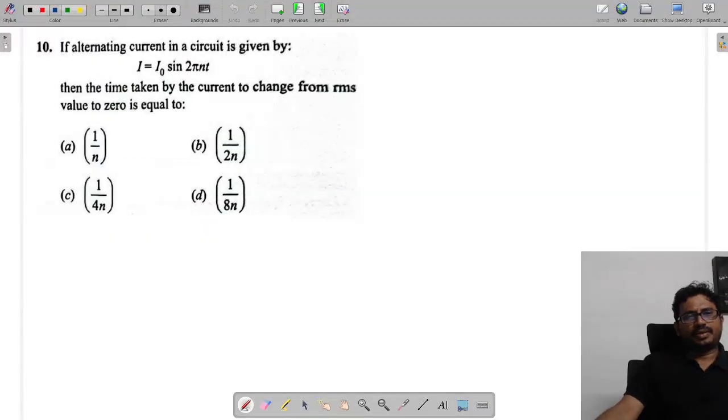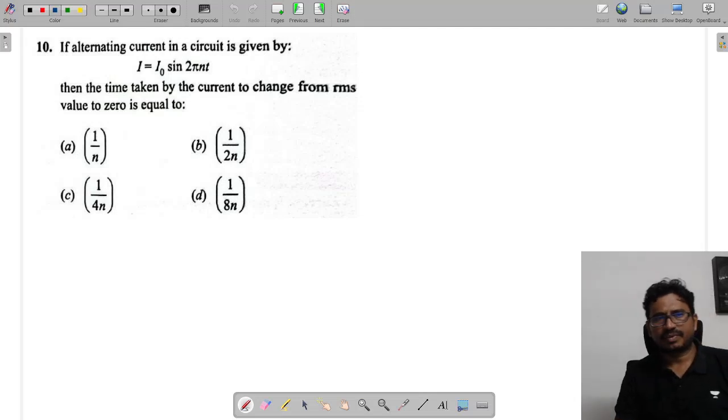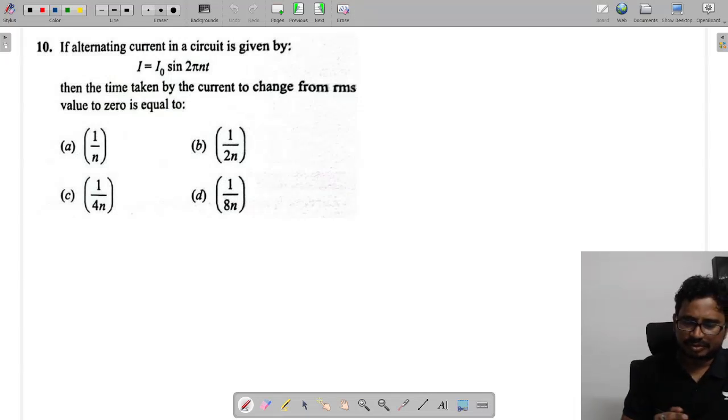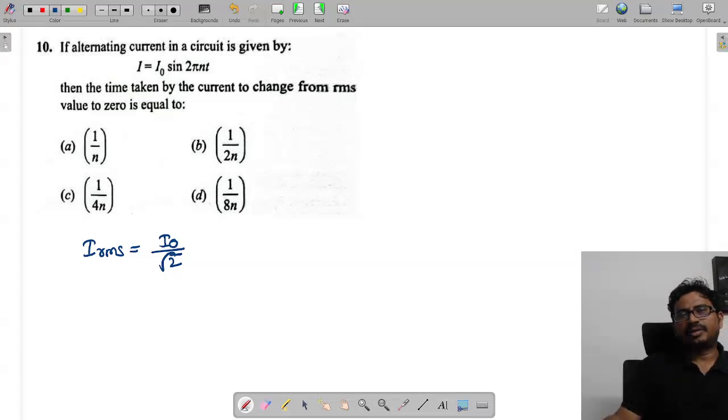Next. If an alternating current in a circuit is given, then find the time taken by the current to change from RMS value to 0. RMS value is I naught by root 2. Going from RMS value to 0 and 0 to RMS value are the same.